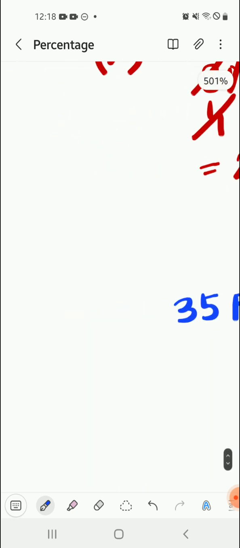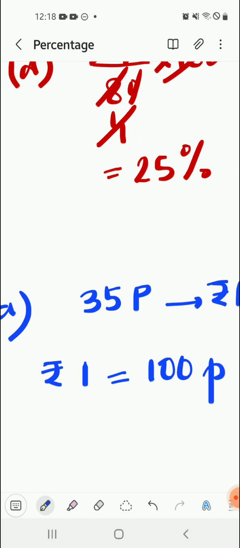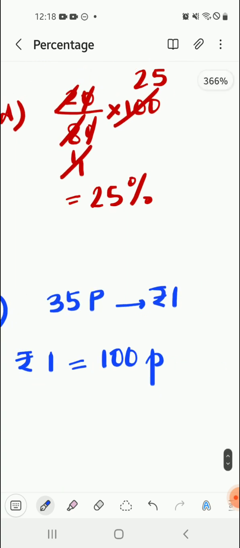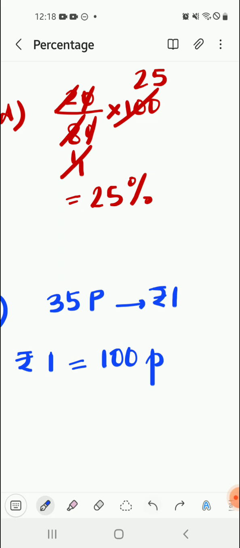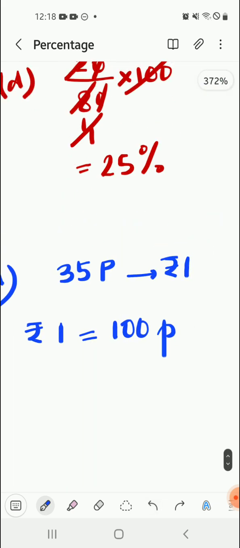We know that rupees 1 is equal to 100 paise. Always remember, when we find a percentage value, we have to make sure that both units of the given numbers are the same. Here one is given in paise, and the other in rupees. So we will convert the greater unit to the smaller unit for simplicity. So rupee 1 is 100 paise.